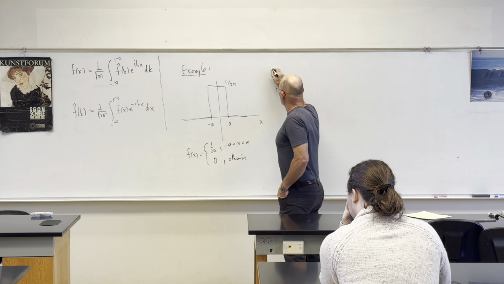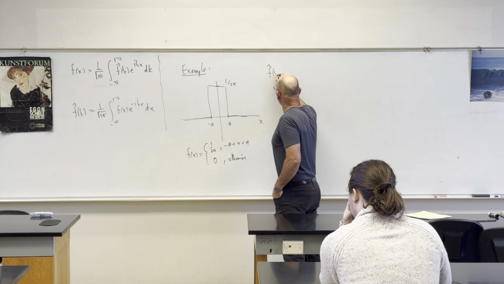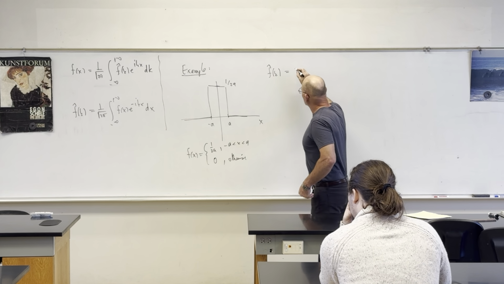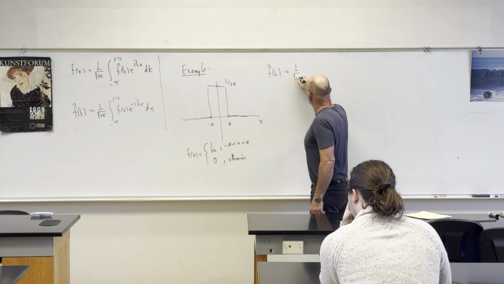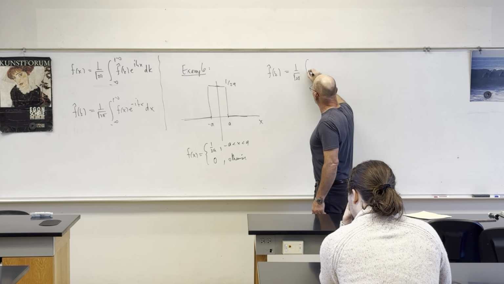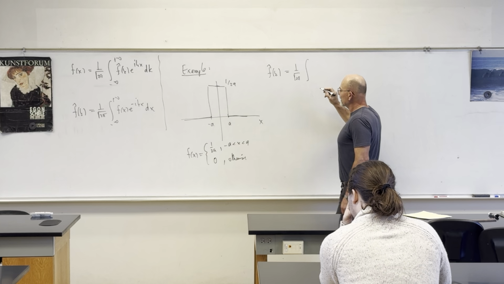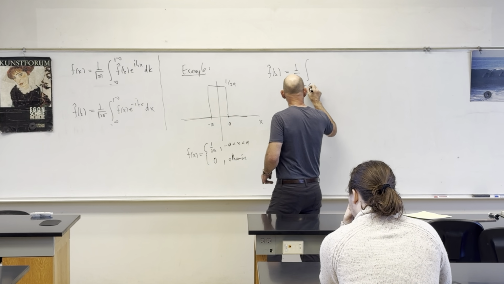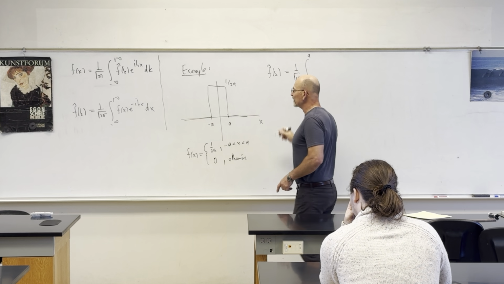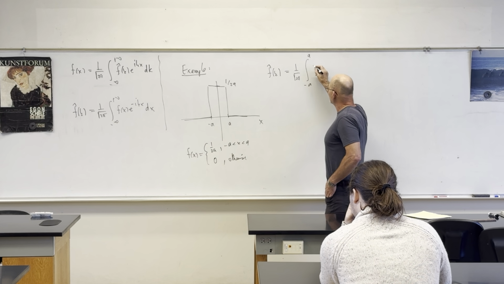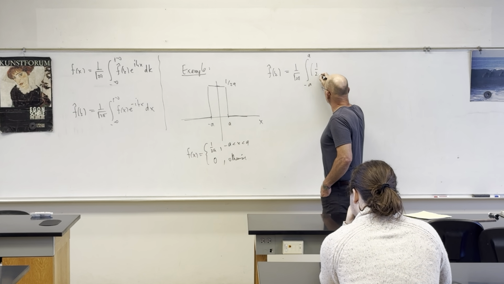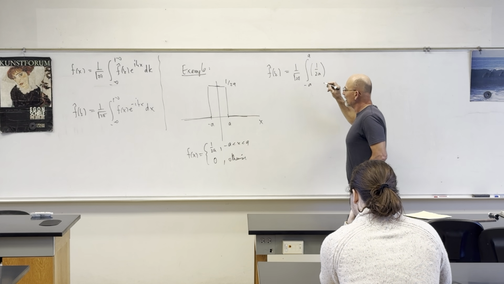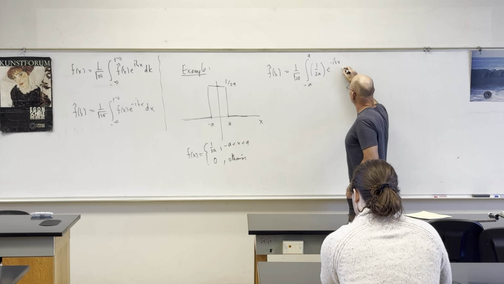So f hat of k, we're just going to have 1 over root 2 pi. The boundaries of integration are now minus a to a, 0 otherwise, and the function is 1 divided by 2a, e to the minus i k x dx.